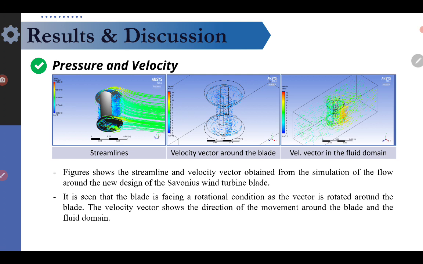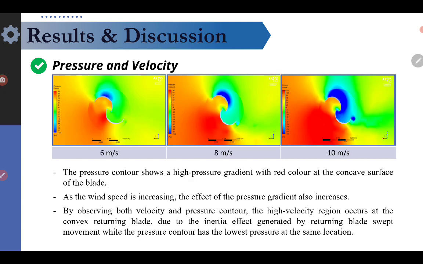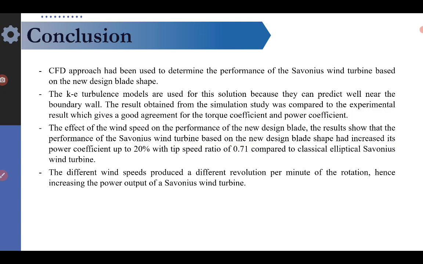The blade is facing a rotational condition as the vector is rotated around the blade. The velocity vector shows the direction of movement around the blade and the fluid domain. This is the pressure and velocity contour for the blade at different rotational speeds.